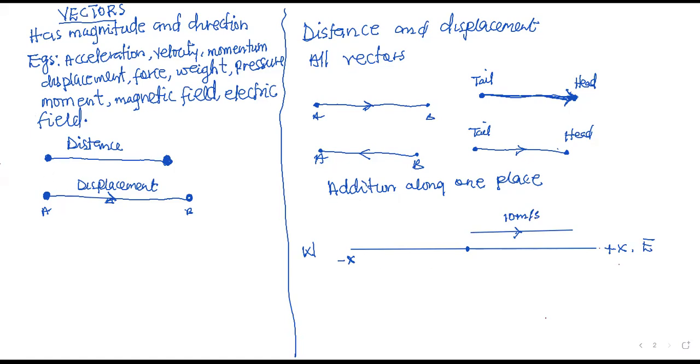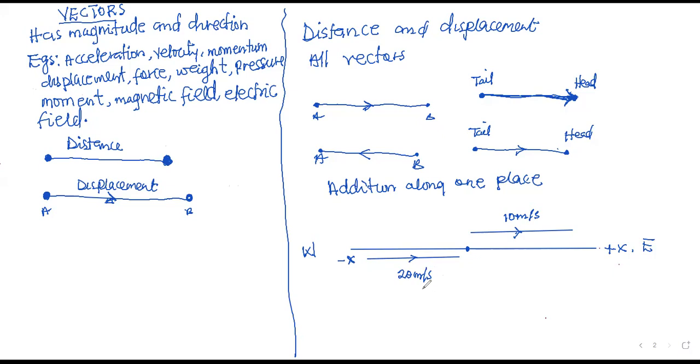Another body also moves along the same plane with a velocity of maybe 20. This has a velocity of 20 meters per second.